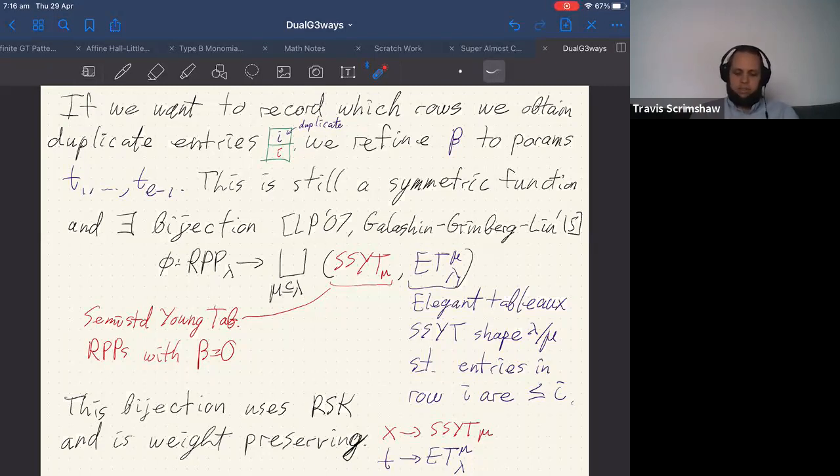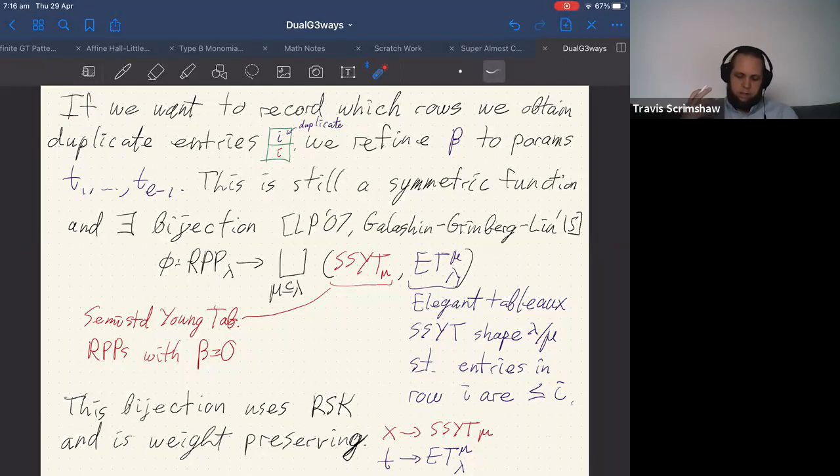And I've made a choice here. I've chosen to have the entry that counts in the column as being the bottommost entry, and then the rest of the entries are going to be the duplicates. And it turns out when you do this, it still remains a symmetric function. That's what Galashan, Grinberg, and Liu did.